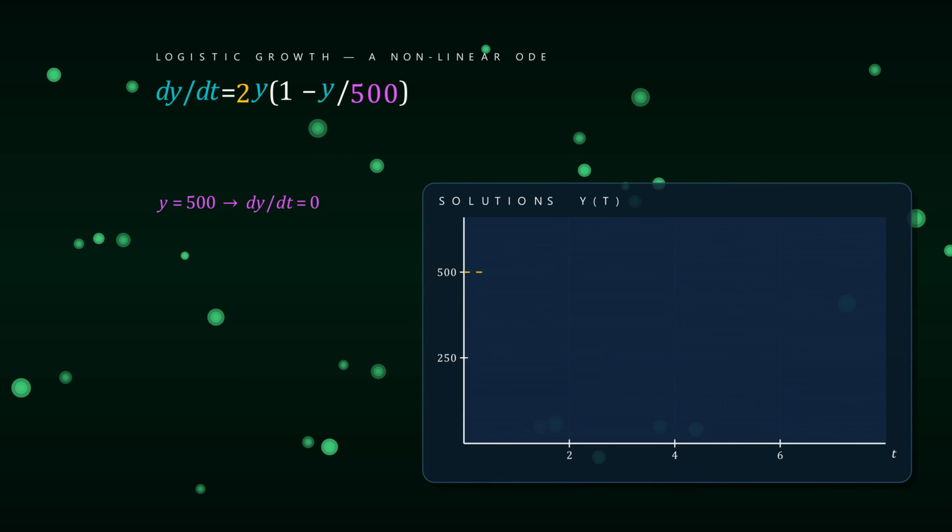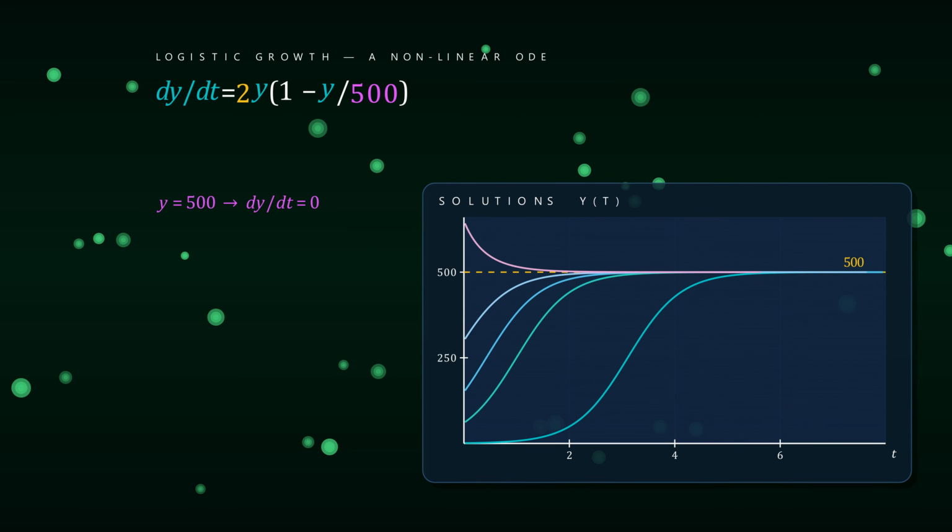The graph shows multiple solution curves, each starting at a different initial population and each converging to the carrying capacity. Notice the characteristic S-shape, or sigmoid curve. Because this equation is nonlinear, it doesn't have a general closed-form solution obtainable by separation of variables in a simple way.